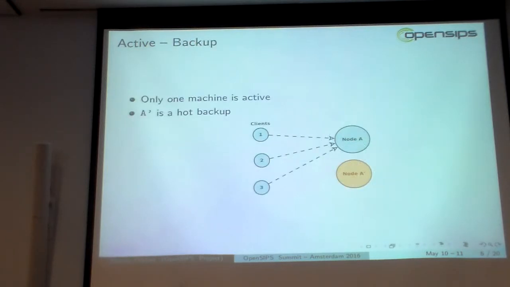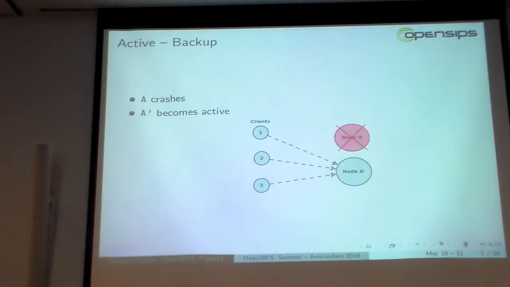Moving on, another very popular scheme to use is active-backup, where we have a master node which handles all the traffic. However, we also have a backup node that has to be a hot backup, has to somehow know all the information. Why?